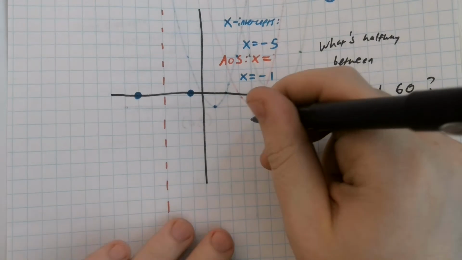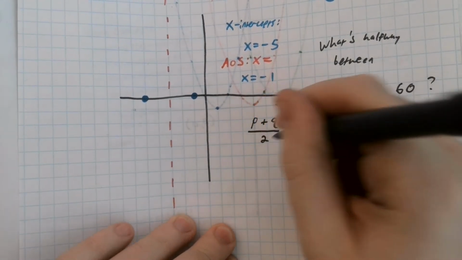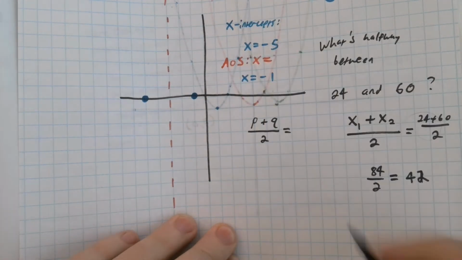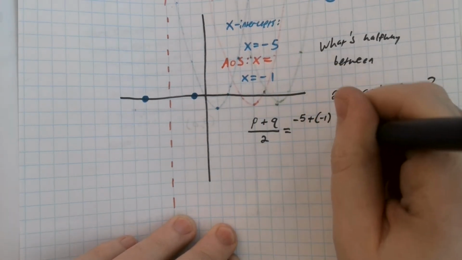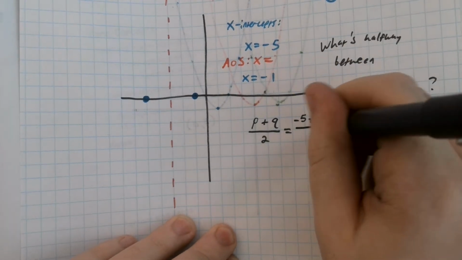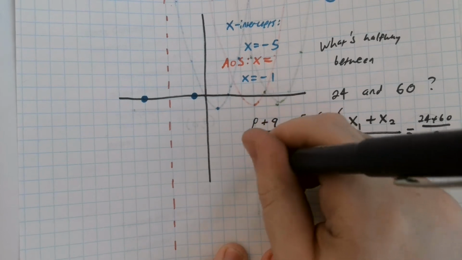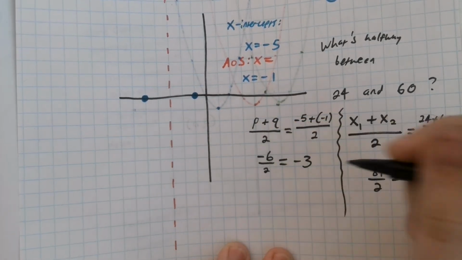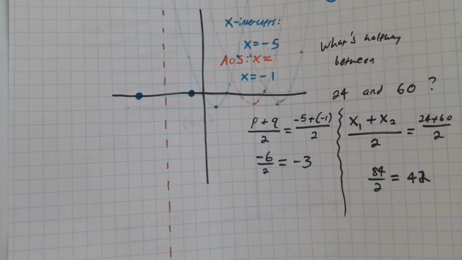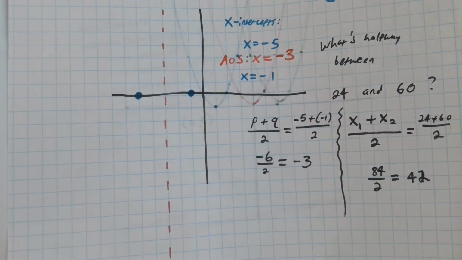The formula that we use is going to be P plus Q over 2. Our P value is -5. Our Q value is -1, divided by 2. Well, -5 plus -1 is -6, and -6 divided by 2 is -3. So our axis of symmetry is at x equals -3, and that looks about right from what we did before.